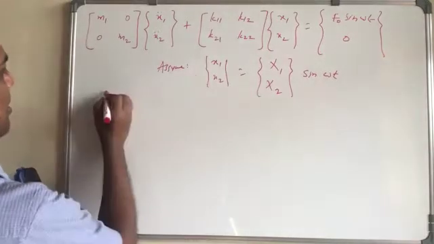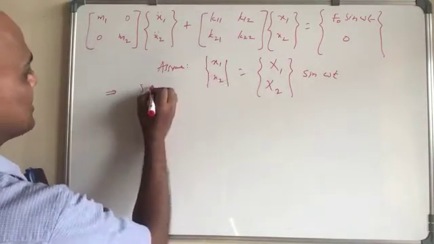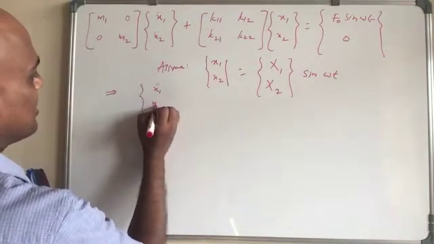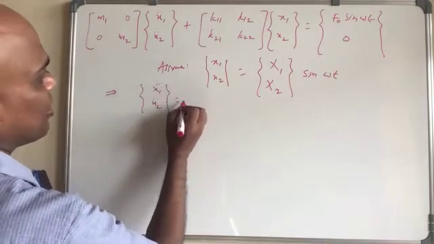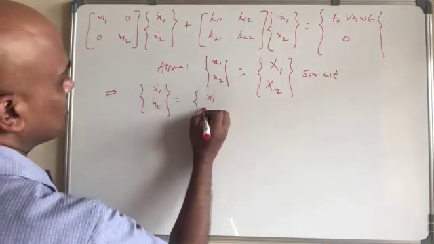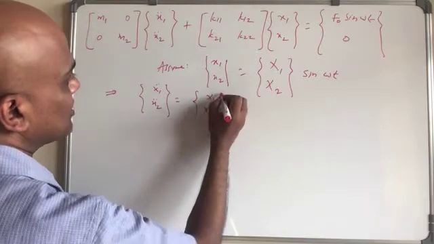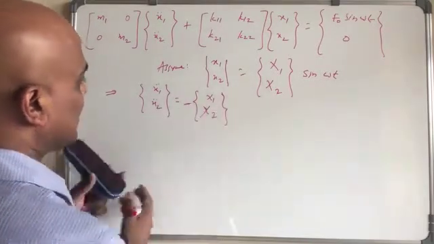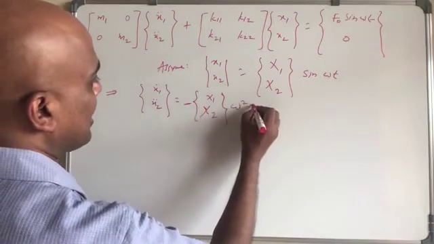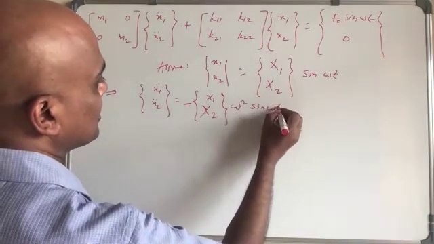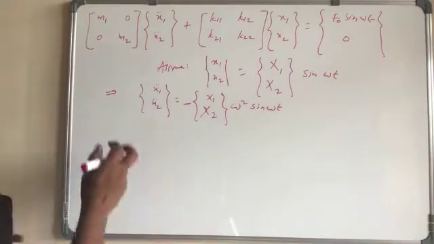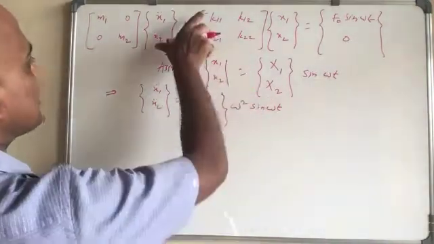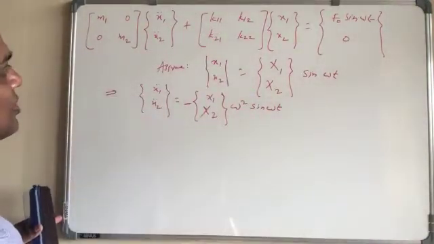Next we are going to double differentiate. You get x1, x2 double dot equal to x1, x2, and then you have minus omega square and sine omega t. Now we'll put both the things here and see how it will work out.